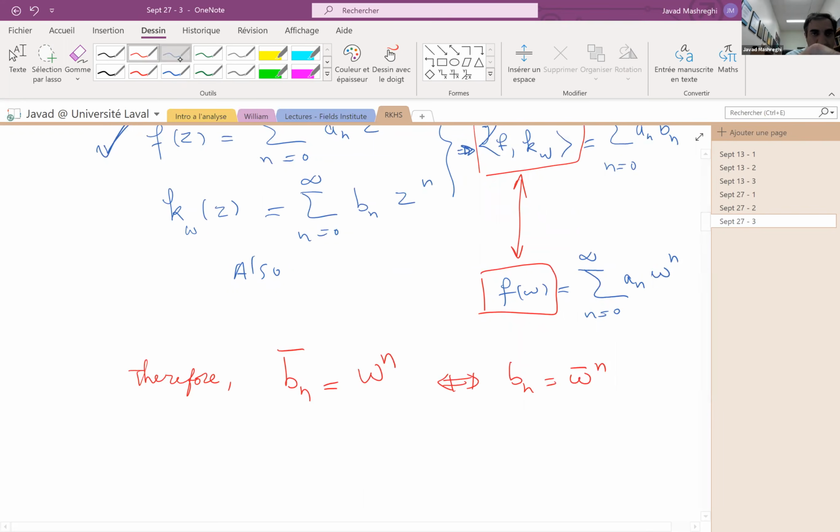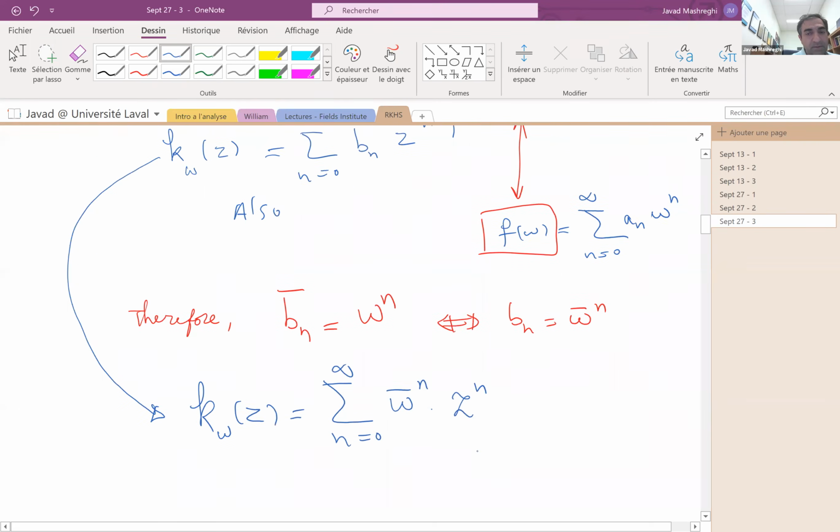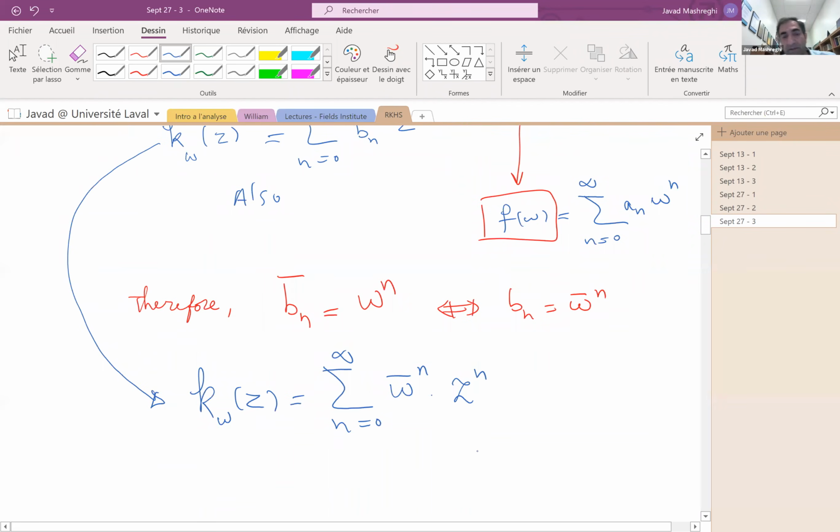And now I go back to the formula for K_w at point z, which is the sum n from 0 to infinity of b_n times z^n. b_n is w bar^n.